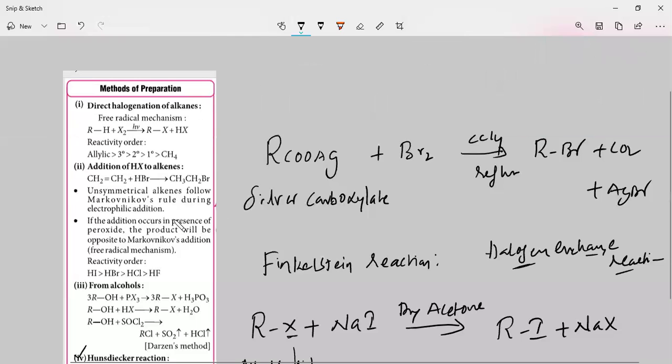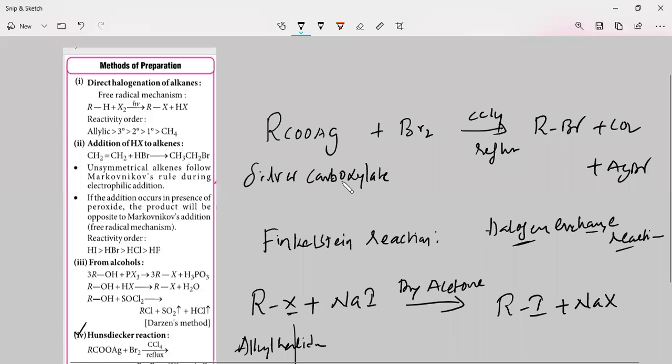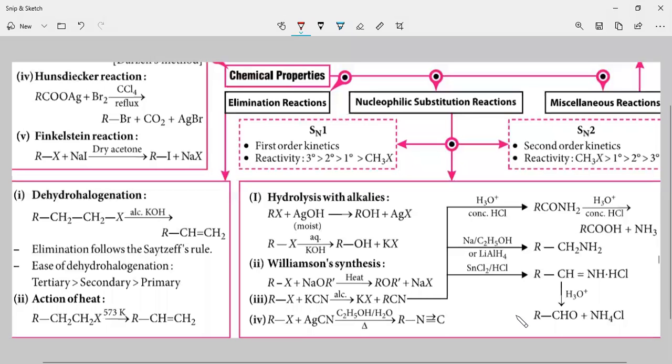Next, let us go for the properties. So, chemical properties. These alkyl halides will undergo three types of reactions. One is the elimination reaction.